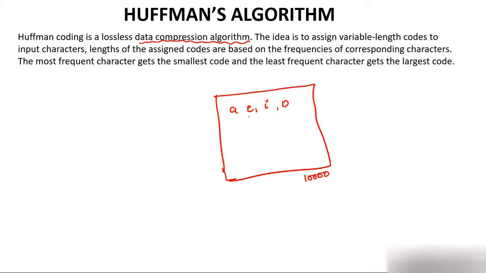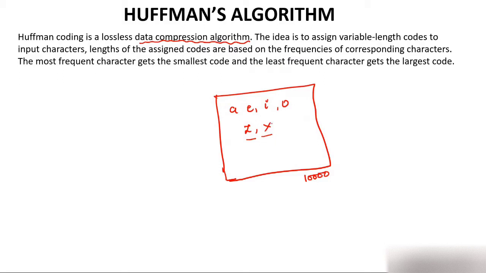Out of 10,000 words, these characters are used around 200 to 500 times. So we need to assign a smaller code to these characters. And suppose Z and X are characters which come very rarely, so we can assign a somewhat greater code to them. By doing this, we can compress our letter, our word file, or anything.